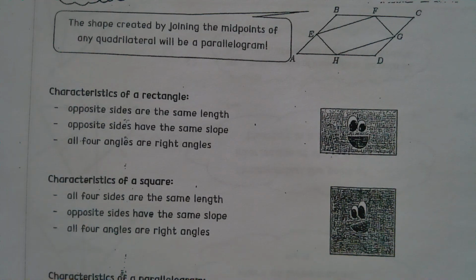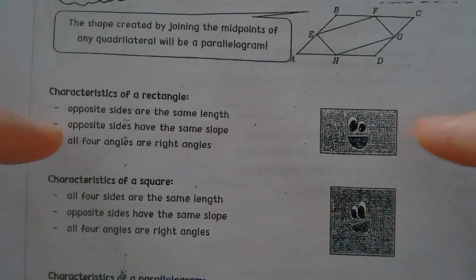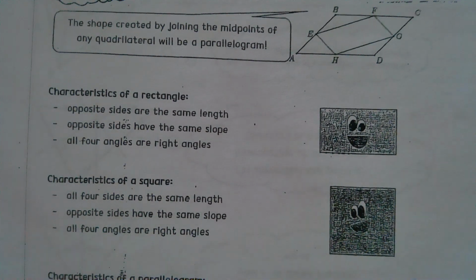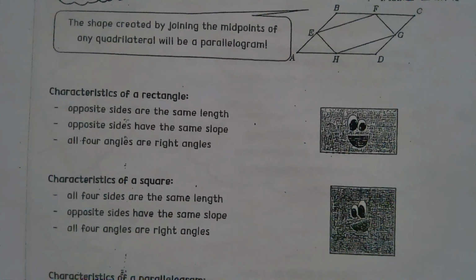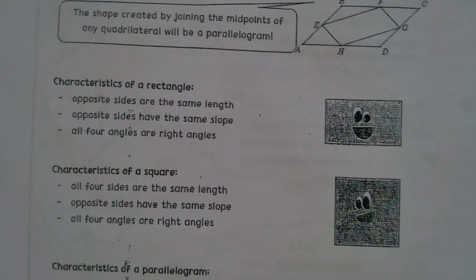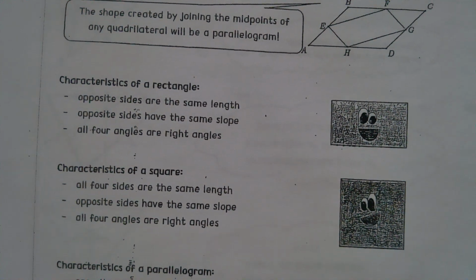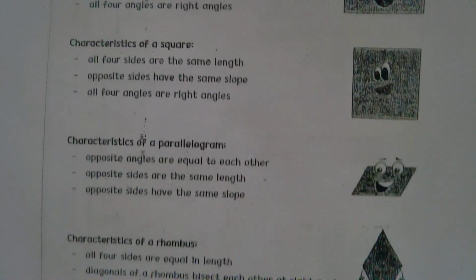Yes. Is a rectangle a square? No. Notice these characteristics belong to the square too, but these characteristics don't belong to the rectangle. You've known this since grade school, right? So a square is a rectangle, but a rectangle is not a square.